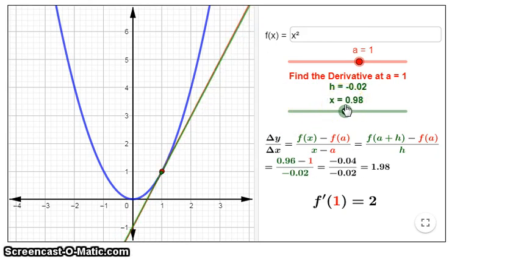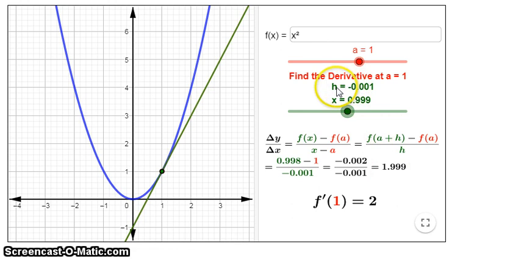And you can also see that as I get very close to h equals 0, or x equals 1 in this case, my slope calculation seems to be approaching a slope of 2. So let's go ahead and sneak up on that from the left. Watch down here.